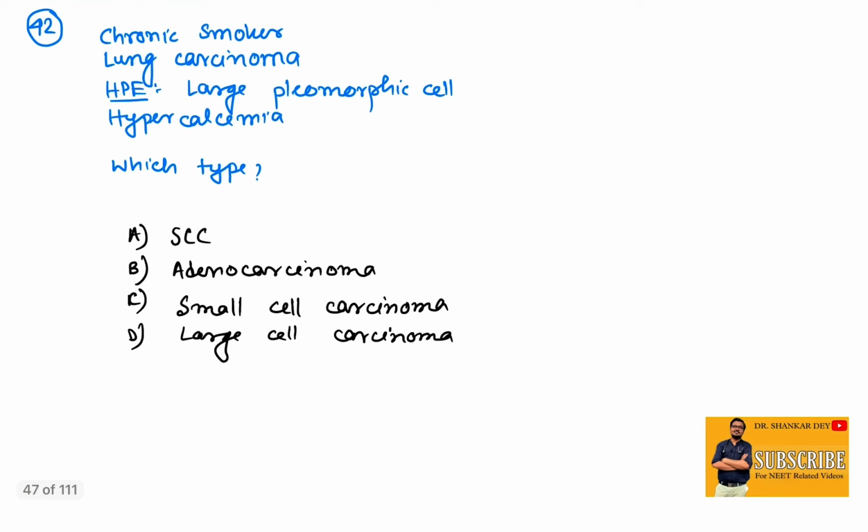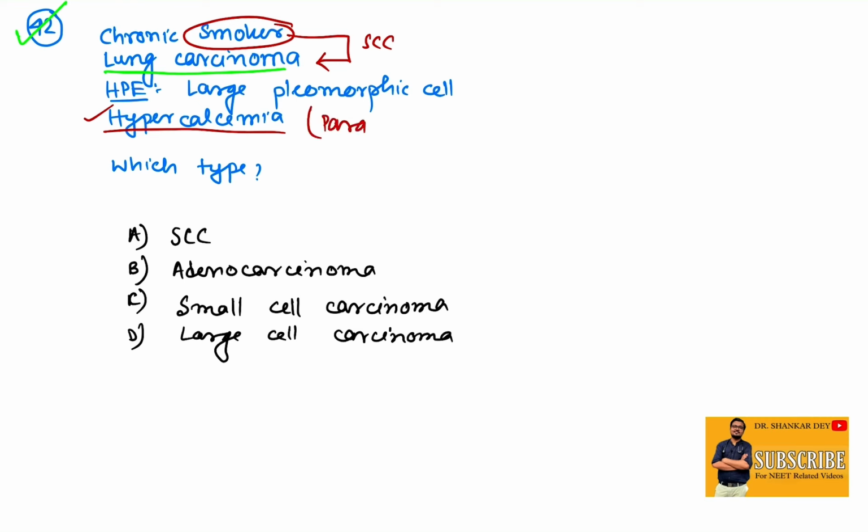Coming to question number 42, a chronic smoker patient diagnosed with lung carcinoma. Histopathology shows large pleomorphic cells and hypercalcemia was found on evaluation. So which type of lung cancer is associated with this presentation? So lung carcinoma, usually in case of smoker, the most common type of cancer is squamous cell carcinoma, and here hypercalcemia is nothing but paraneoplastic manifestation.